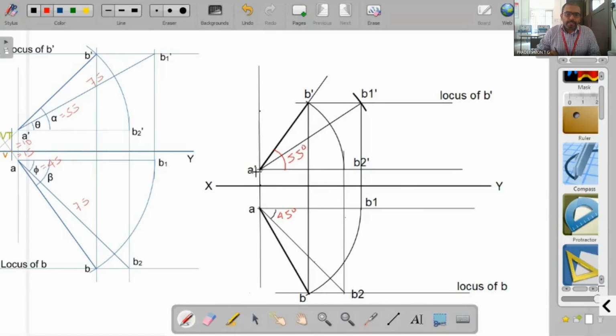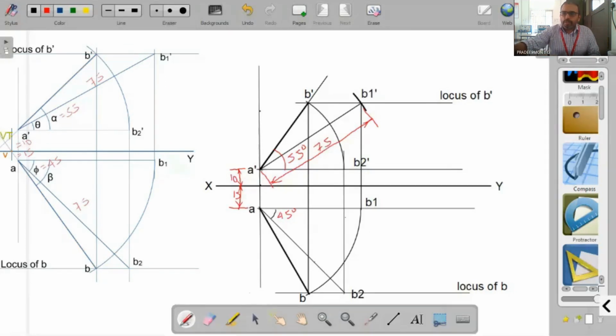This distance as well as this distance that you have to mark. All these things I am doing freehand, but don't use freehand for your drawings. This is for my simplicity. This is 10 and here it is 15, and then finally the true length line also. Any one true length line is enough. So this much, it is 75.